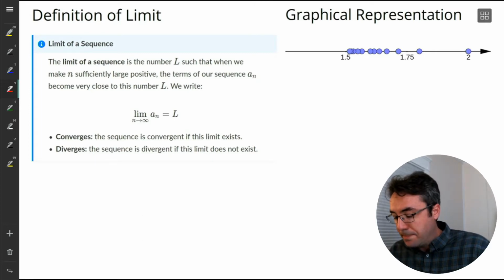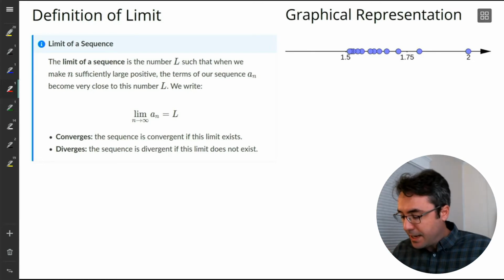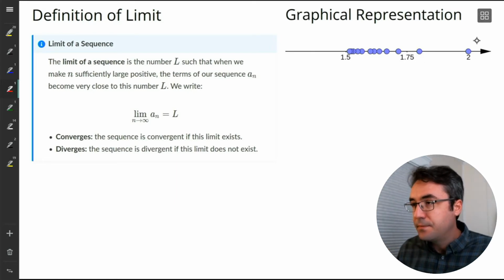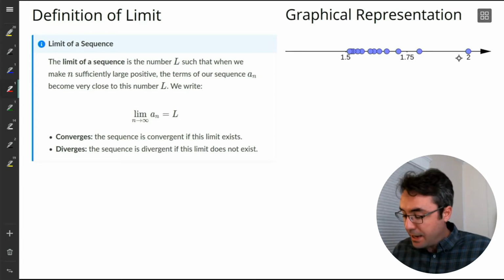All right, so what is the graphical representation of this idea of a limit of a sequence? Well, we're going to see a few today, but let's look at where we plot things on the number line. So here we have some of the terms for a sequence plotted on the number line.